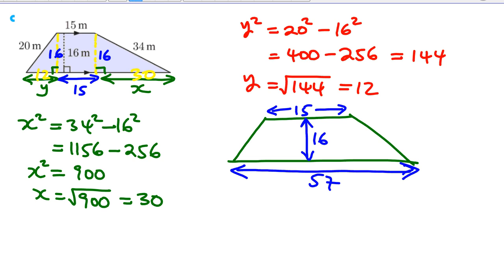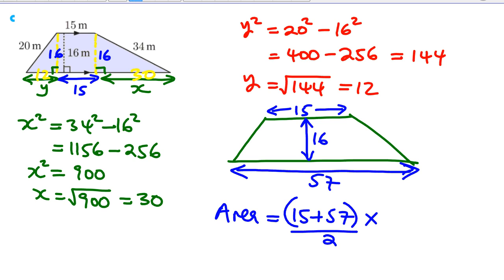So we can go ahead and find the area, which will be A plus B, which is 15 plus 57, divided by 2, multiplied by the height, which is 16. And you can go ahead and simplify that bit.